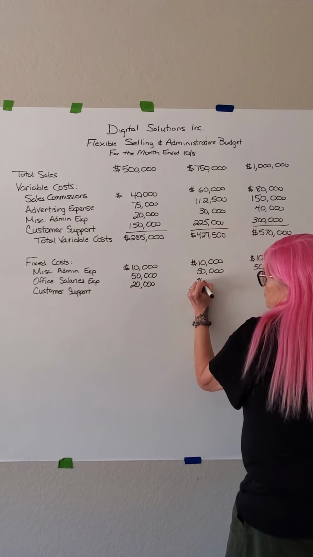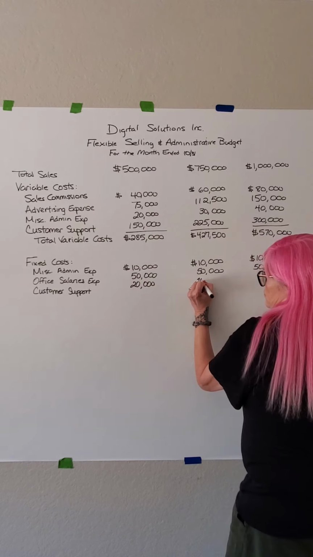For $750,000 in sales, we're going to have the $427,500 and $155,000 for a total of $582,500. And then finally, under $1 million worth of sales, we're going to add the $570,000 and the $155,000 for a total of $725,000 of our selling and administrative expenses.